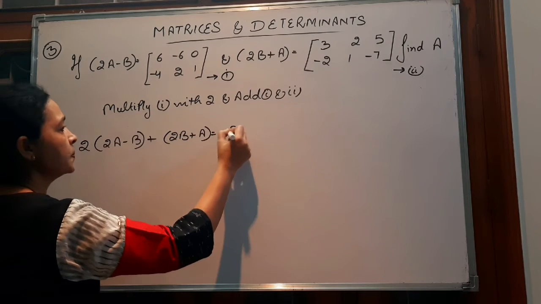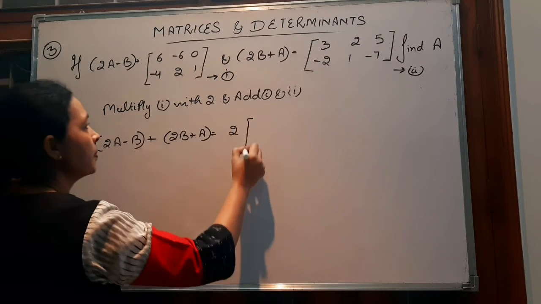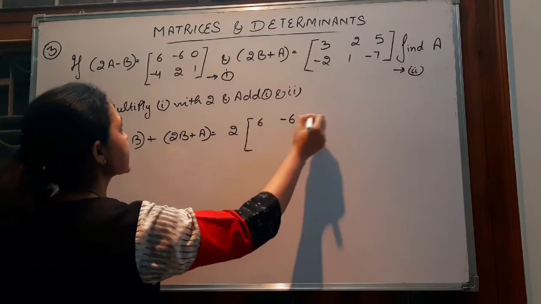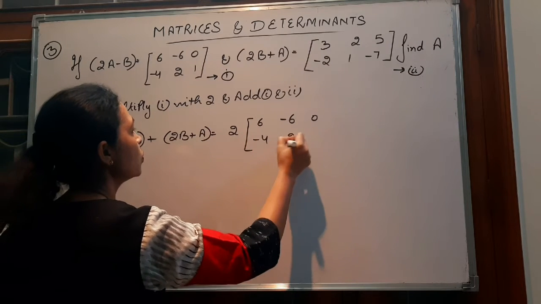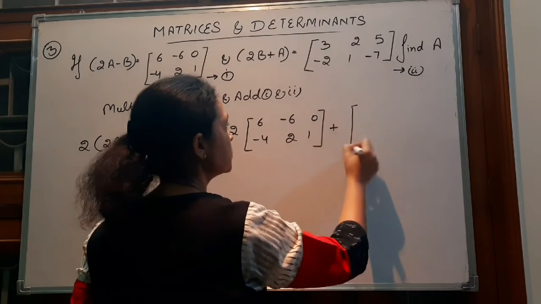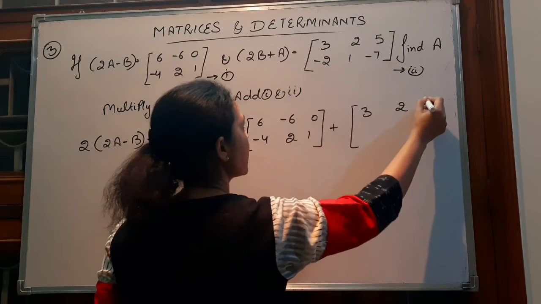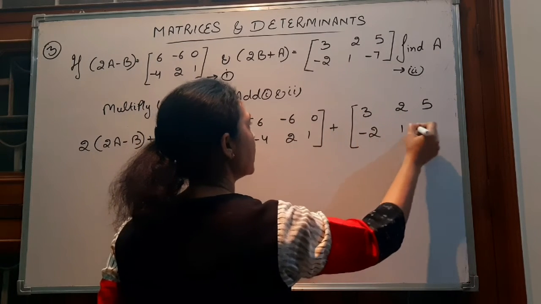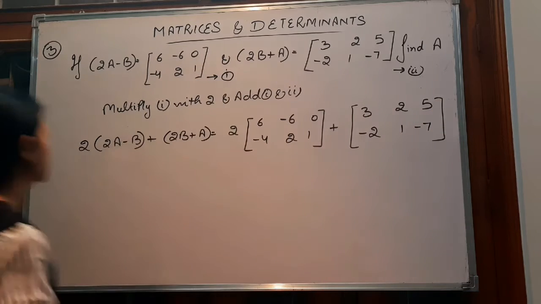What will we get? 2 times matrix 6, minus 6, 0, minus 4, 2, 1, plus 3, 2, 5, minus 2, 1, minus 7.